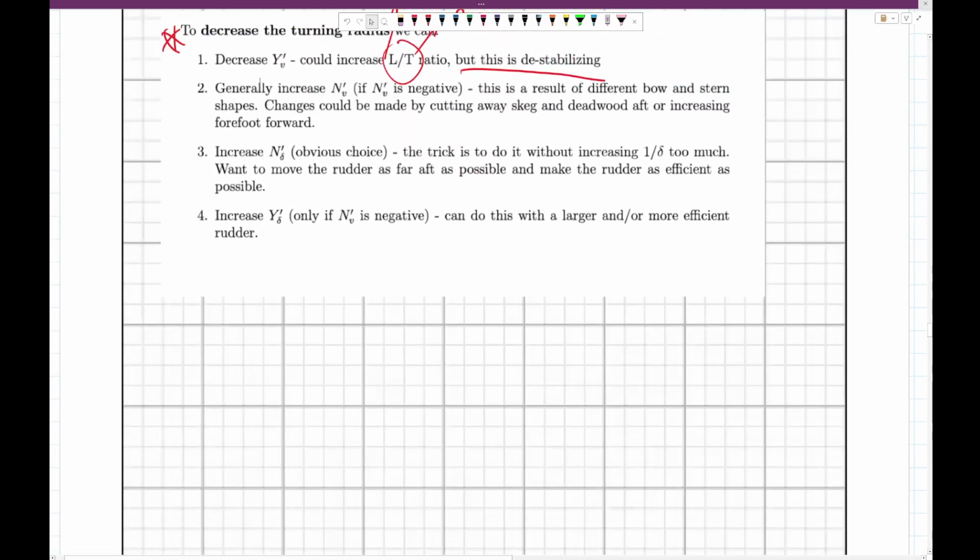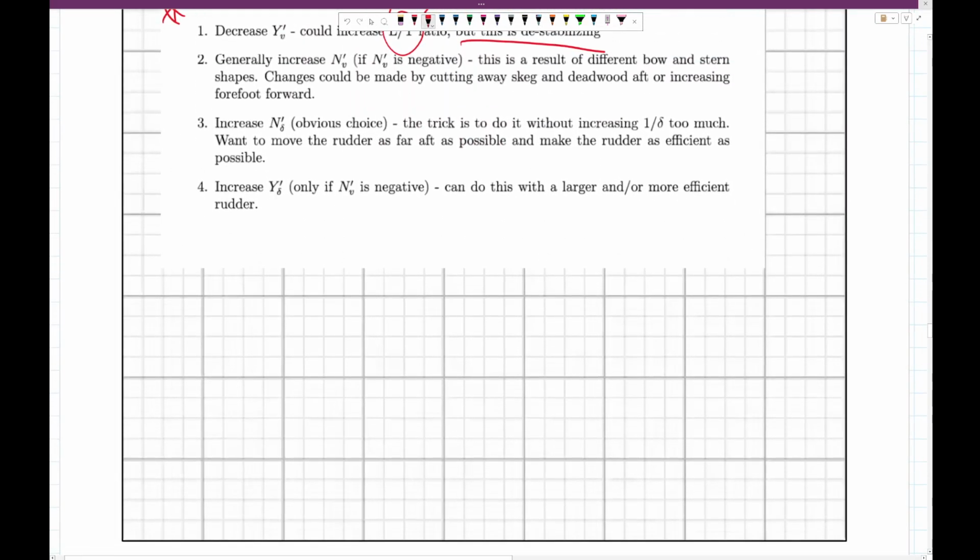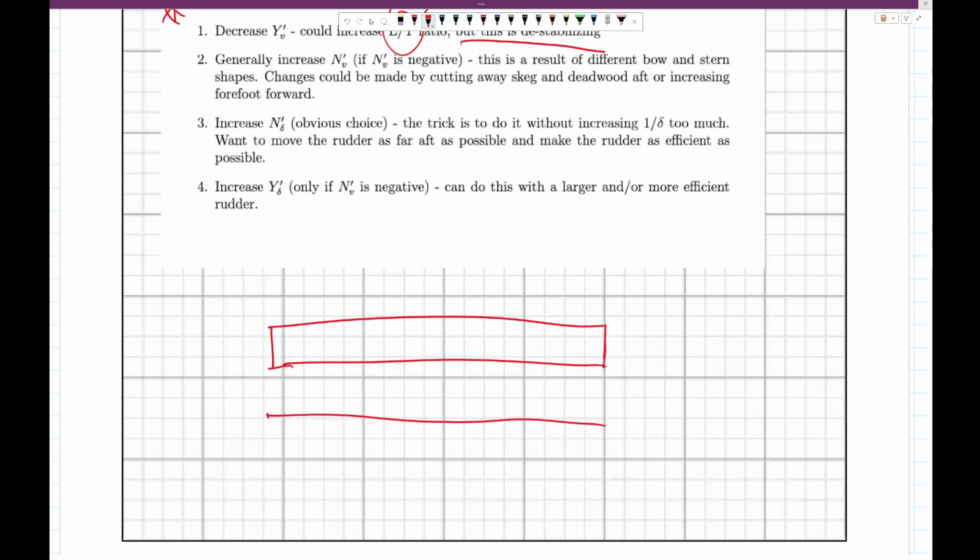Basically, if you had your canoe, let's actually draw 2 types of canoes. So you've got your first type, which is, okay, a sideways elevation view of it. And then you've got another one here. Obviously, the second one is going to be easier to turn. Why?